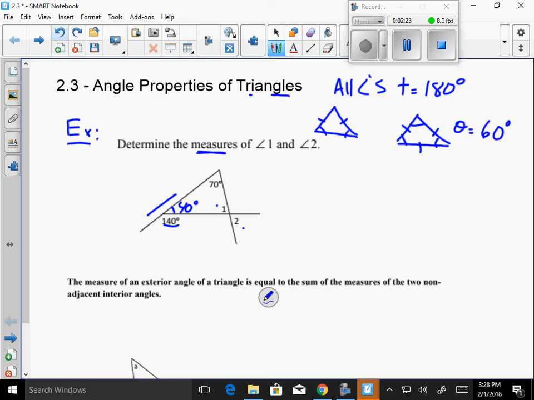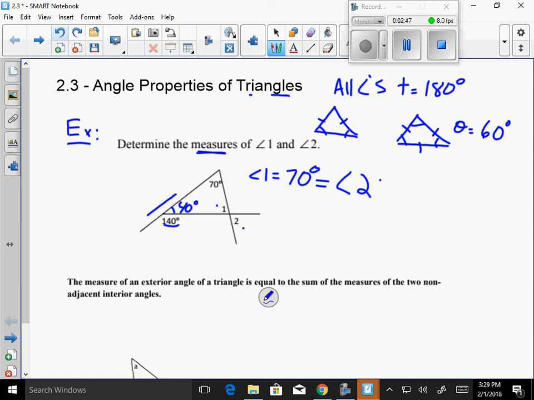Now I also see, okay, I got two angles of a triangle. That means I can solve for the other one. So that means angle 1 is going to be 70 degrees as well. Okay, and that's also going to be my angle 2. All right, so that's how you would solve these guys.